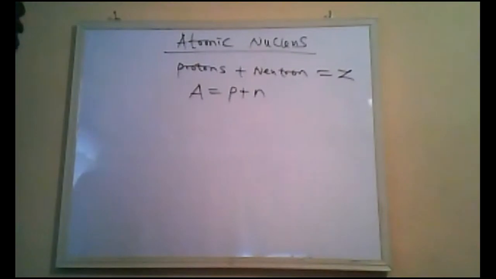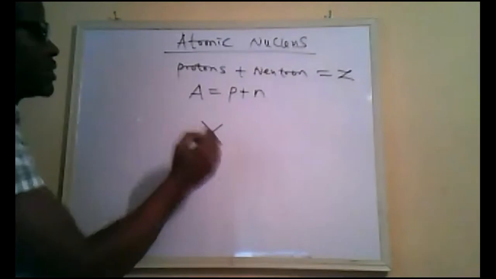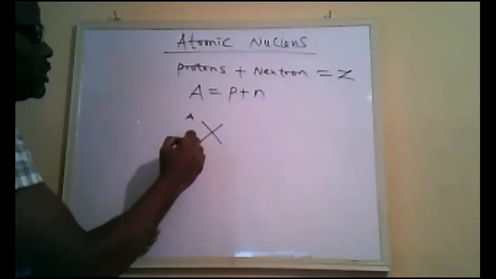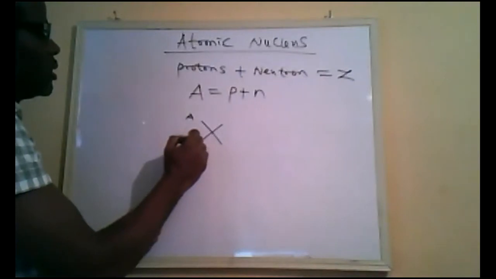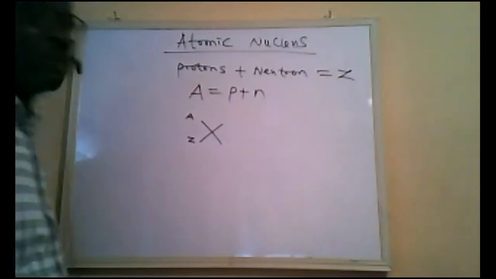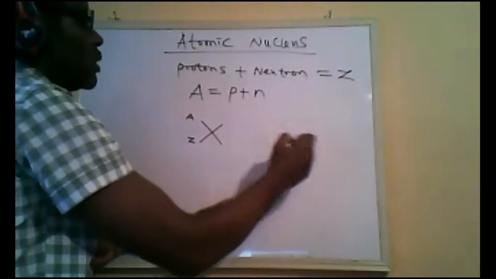So whenever we see this inscription, we have element X, and here the mass number. The number here is the proton number, usually written this way. In some textbooks, you might have the symbol take this shape.